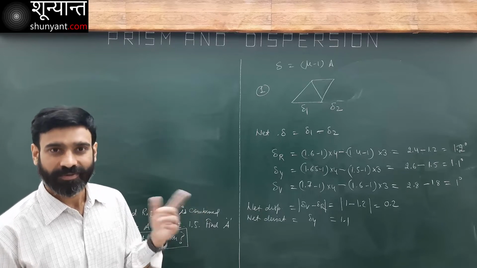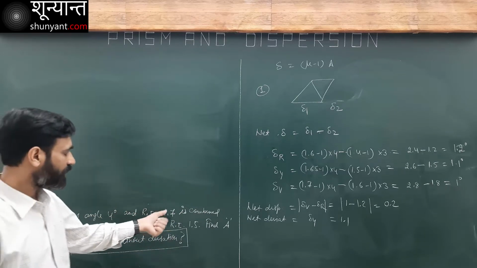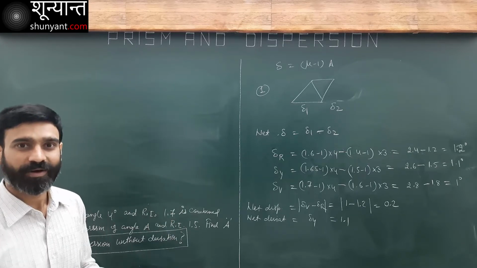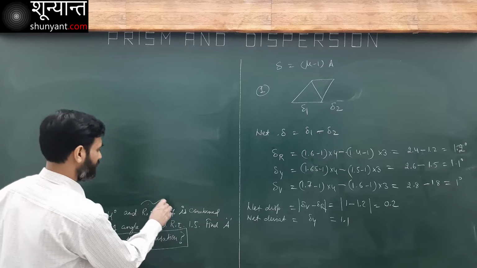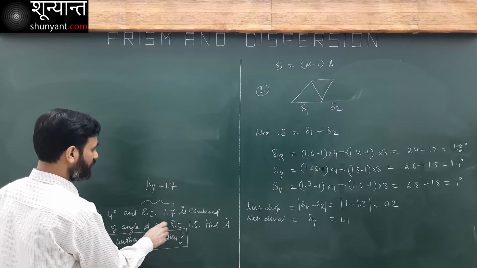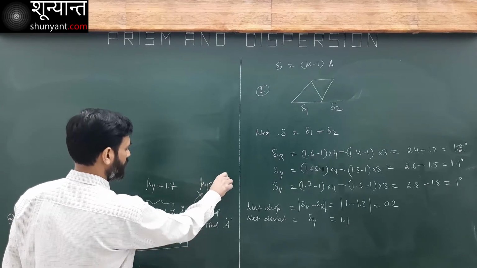Different colors are going to have different refractive index. So if I am saying that my refractive index is 1.7, it is for what color? It is for yellow. Here also, yellow is 1.5.